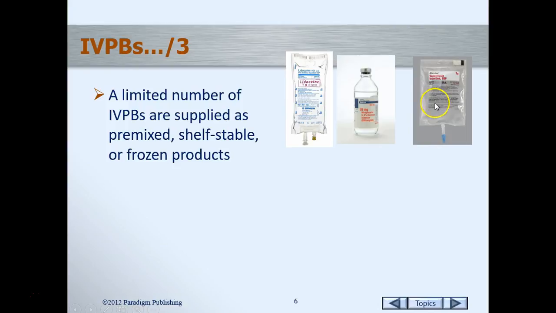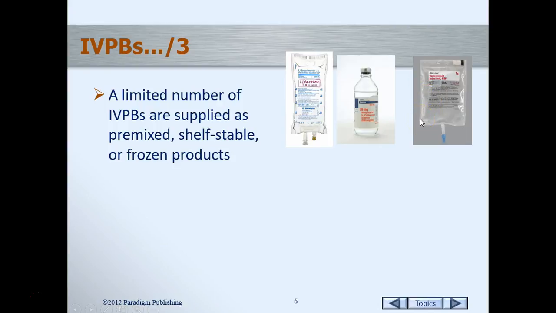Once removed from the freezer, it's brought out to what we usually call a defrosting table, where it is allowed to melt down, and then once all of the ice has melted out, it's dated and stored in a refrigerator. We don't ever want to let these frozen products come to a full room temperature.